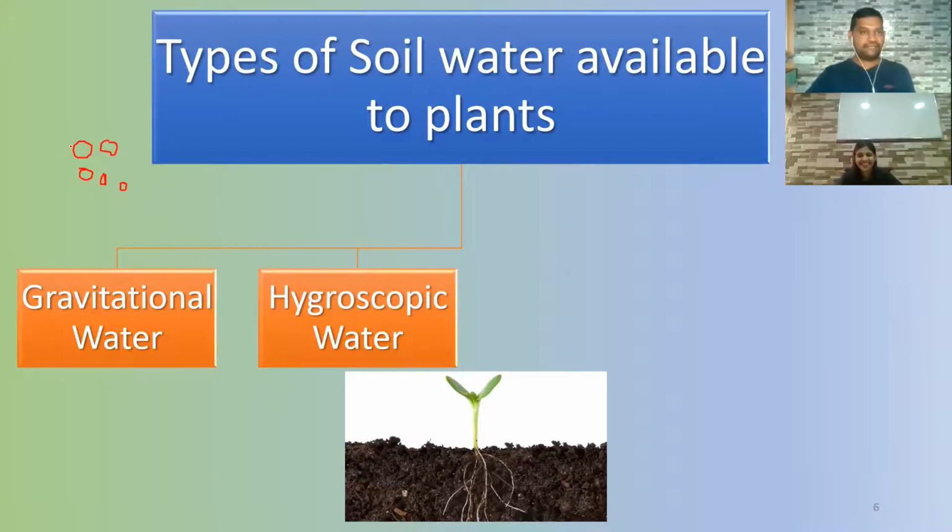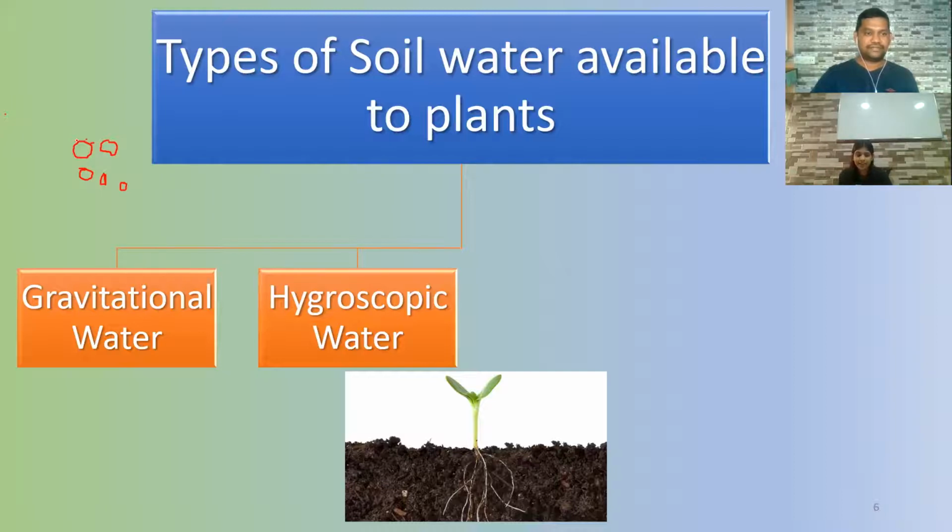You remember last time we had mentioned adhesive force and cohesive force. Yaad hai? Cohesive force means force of attraction between same type of molecules. And adhesive force means the force of attraction between molecules of different types. So there will be force of attraction between water molecules and the particles of the soil.